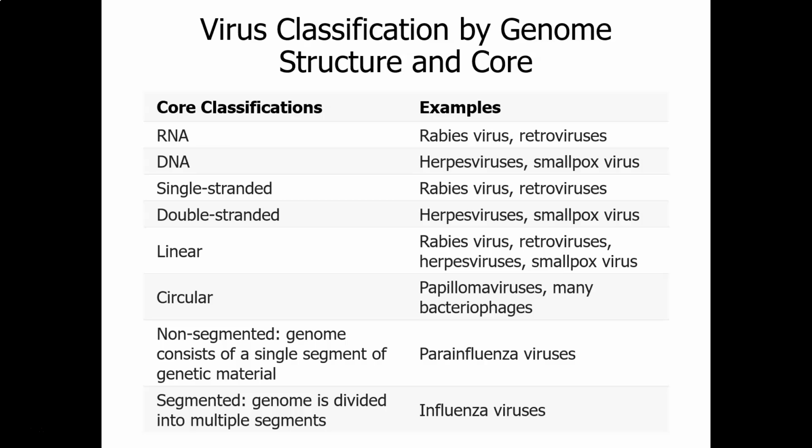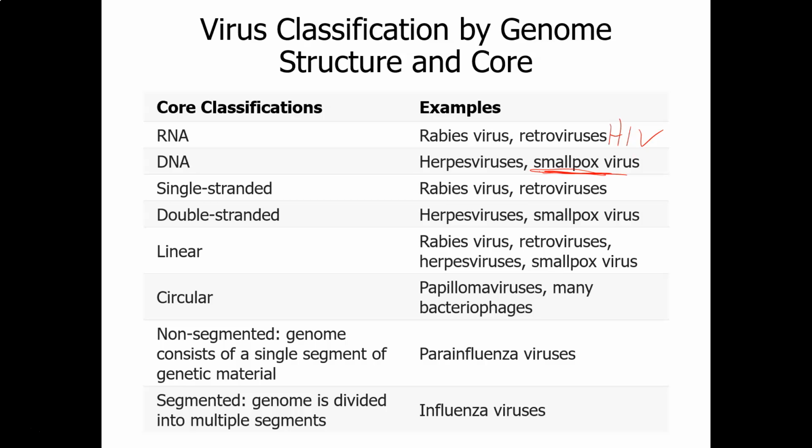Okay, so you don't have to memorize this list, but some examples of RNA viruses are rabies and retroviruses, like the one that causes HIV, the one that causes the common cold. DNA viruses are herpes viruses and the smallpox virus.